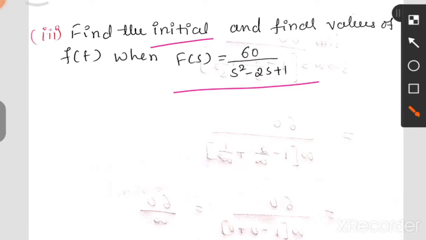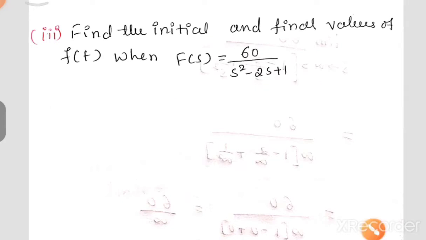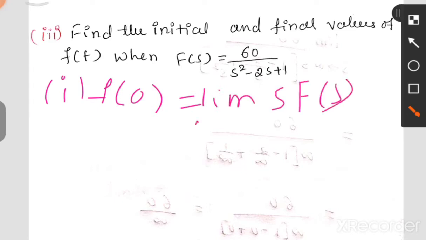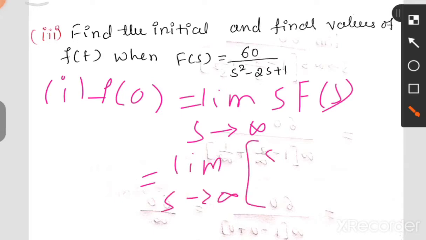We have a formula, that is, first we'll take the initial value, that is f of 0 of the signal, which is equal to limit of s into f of s, where s tends to infinity. So a bit of simplification we have to do here. Limit of s tends to infinity, we'll write here s into 60 divided by s square, and we'll take s square outside from the denominator.